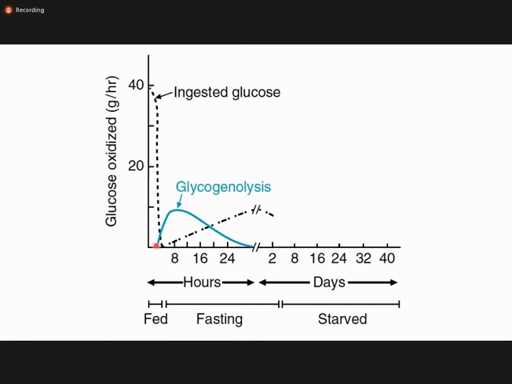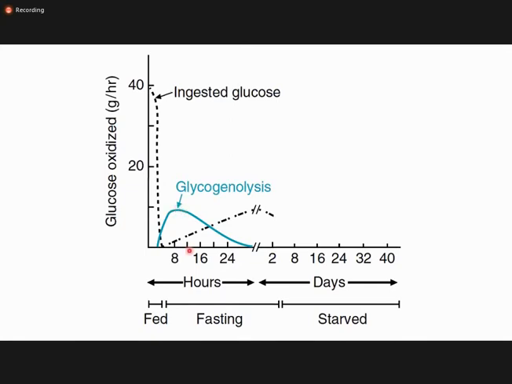That is, the glycogen content of the liver can maintain the blood glucose concentration from 4 to 6 hours to 24 hours, and glycogenolysis reaches a peak at 8 to 10 hours.